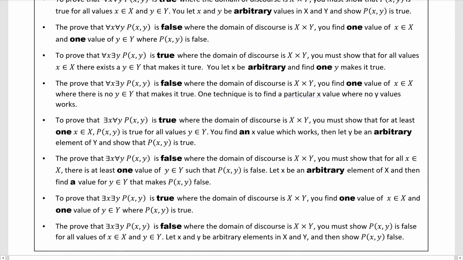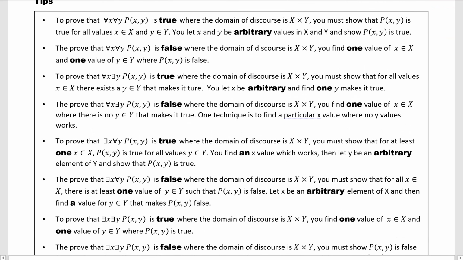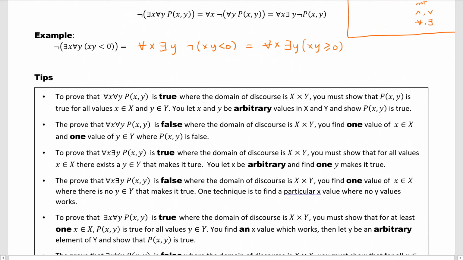Alright, so here are the tips. We have two variables x and y, and in front of x we can have for all or there exists, so there are two choices. For y, we can also have for all or there exists, two choices.